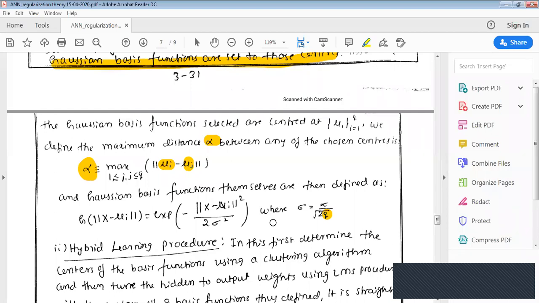For example, some f of x you are going to train to predict the future samples of the network. So how good your training is depends on the value of sigma. So sigma is to be chosen suitably, so that training is adequate and the subsequent samples are predicted properly by your algorithm. That is the total aim of all these RBFN networks.